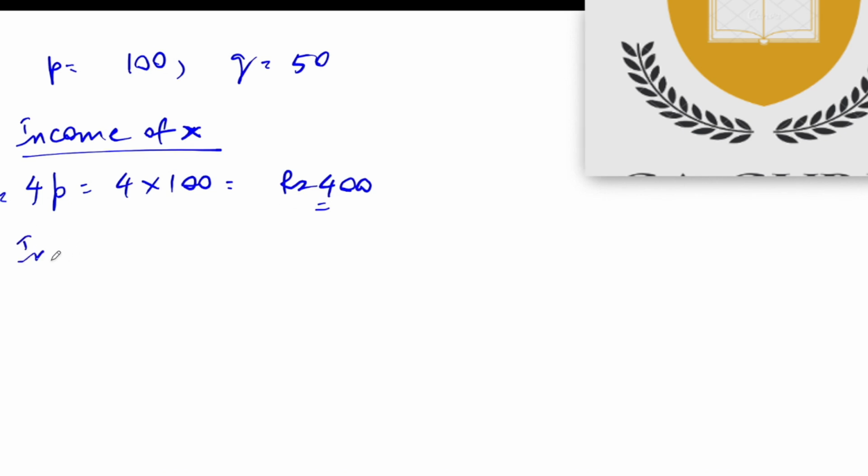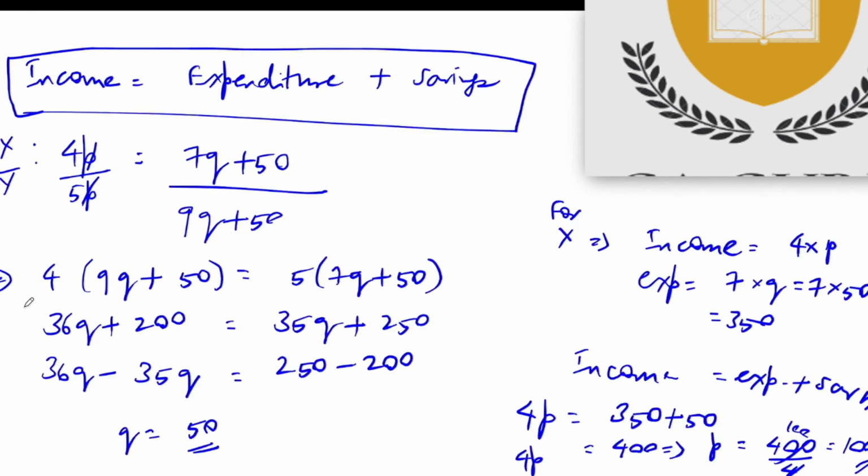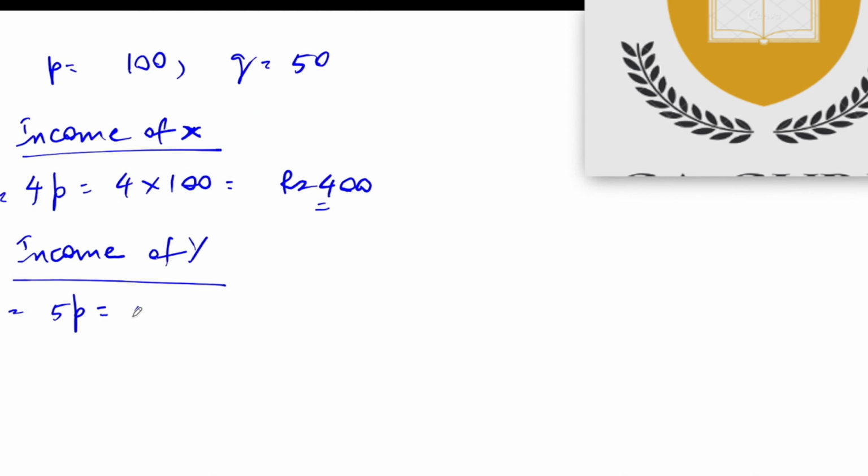And income of Y is equal to 5 into P, 5 into 100, which is rupees 500. This is the first thing that is asked.